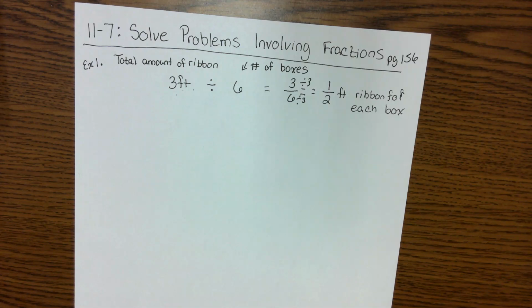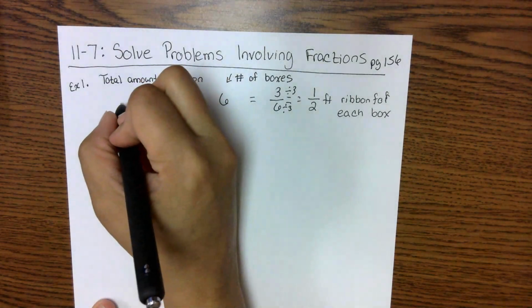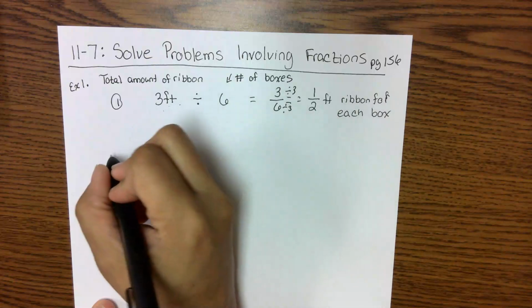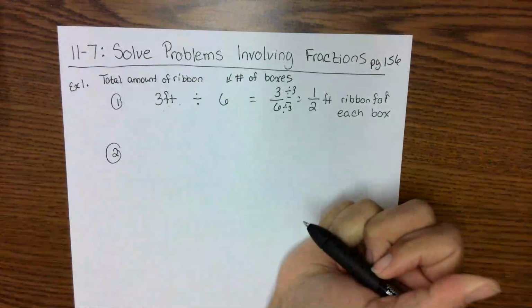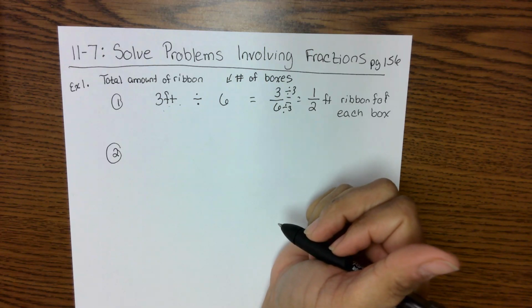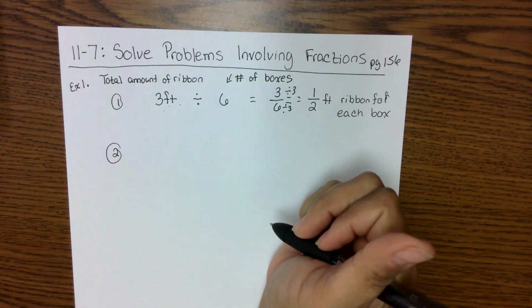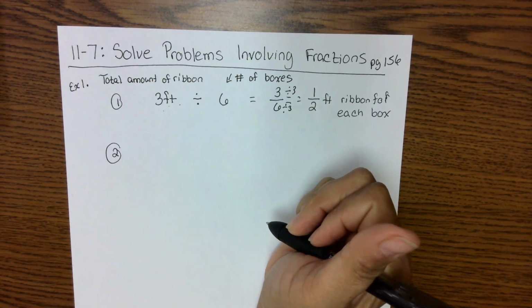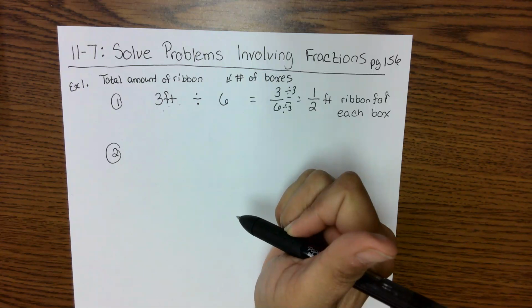So, how much ribbon is for each box? How much ribbon is she going to use on each of the boxes? What's the total amount for each box? That's how many faces she wants to cover.